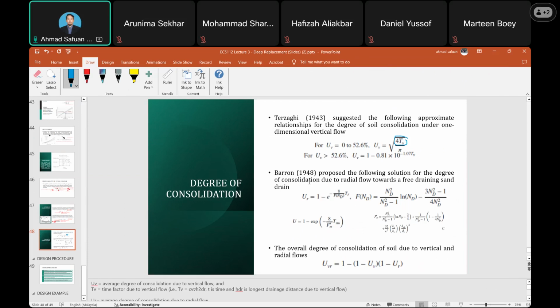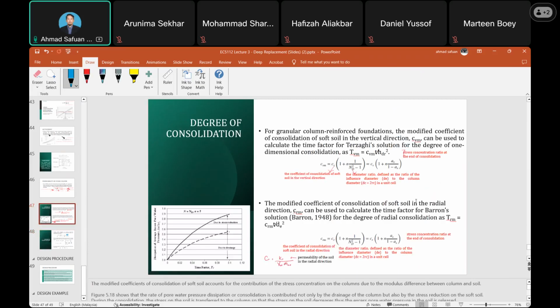Then we need to use the FND to get the UR value, and also the FN to get the UR value. So it depends on the TRM value from here.